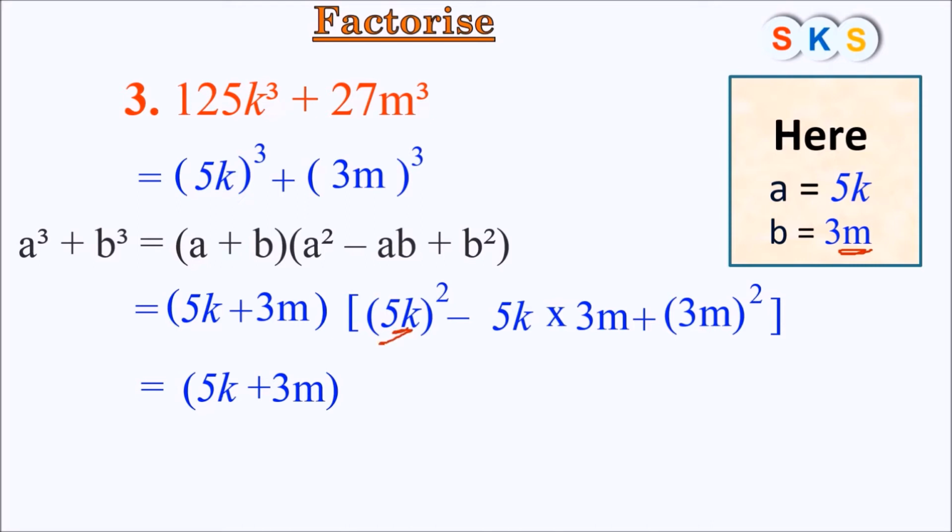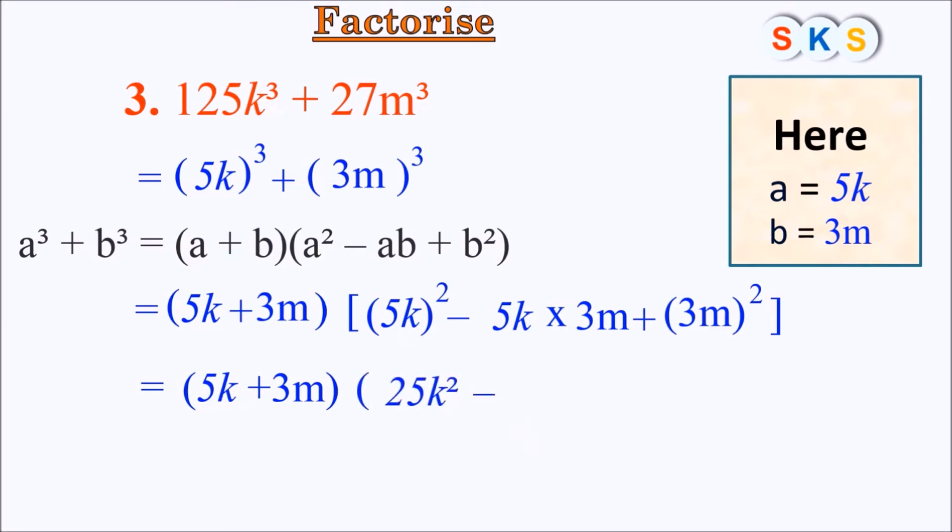It means 5k into 5k. Correct? 5 into 5 is 25 and k into k is k square. So we will get 25k square.